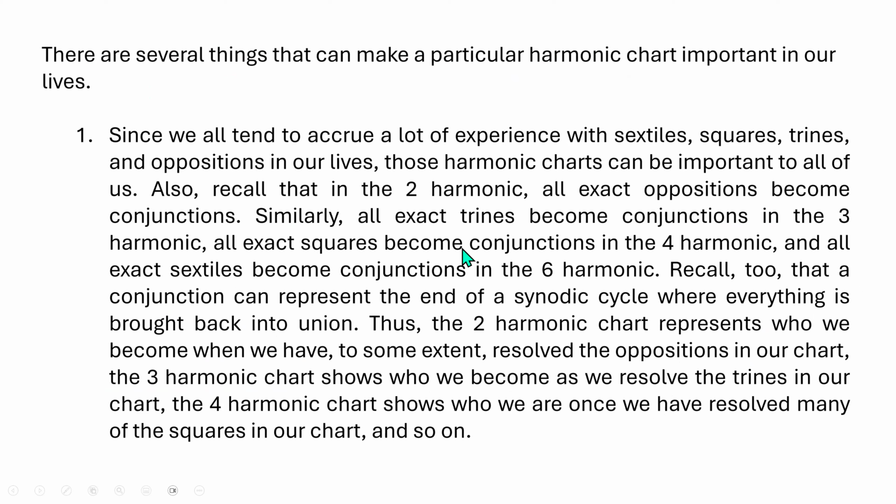For trines, that doesn't take much effort. We follow the path of least resistance, and the 3 harmonic chart shows the augmented personality that results from that. And then the 4 harmonic chart shows who we are once we have resolved or wrestled with many of the squares in our chart, many of the problems in our lives, and so on.